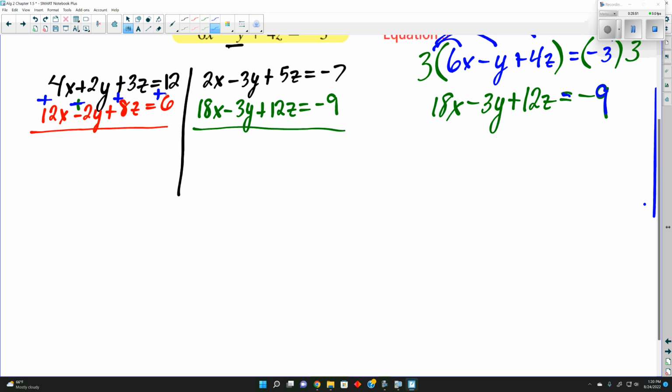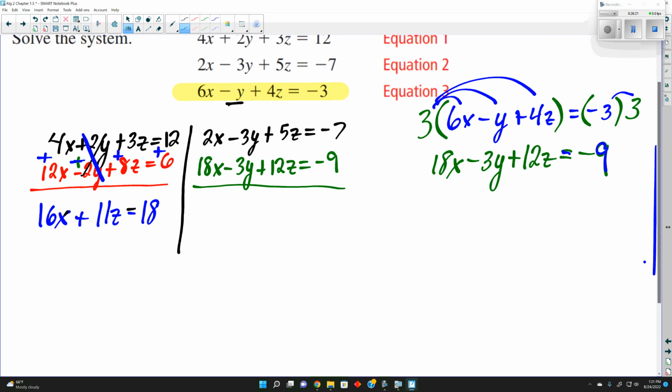So now when we come through, 4x plus 12x is 16x. And as we just saw, 2 plus negative 2 is 0. It is indeed 0. 3 plus 8z plus 11z. 12 plus 6 is, let's make sure.